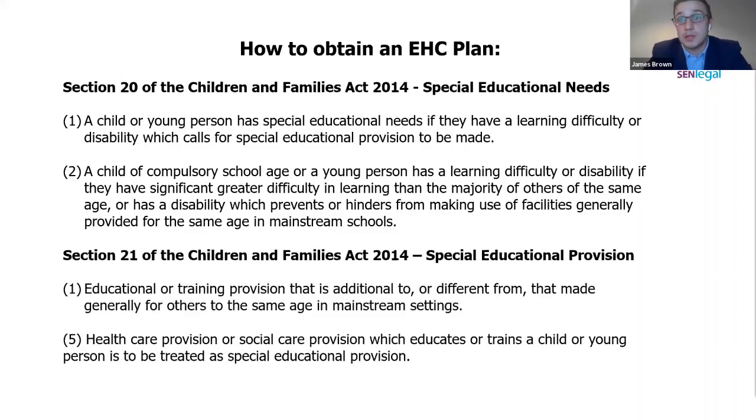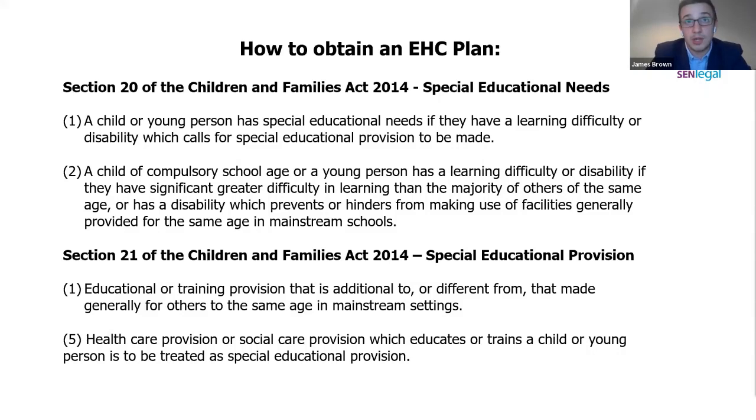Looking at what special educational provision is, that's in section 21 of the Children and Families Act, which says educational or training provision that is additional to or different from that made generally for others of the same age in mainstream settings. Worth noting also is subsection 5 of section 21, which says healthcare provision or social care provision which educates or trains a child or young person is to be treated as special educational provision.